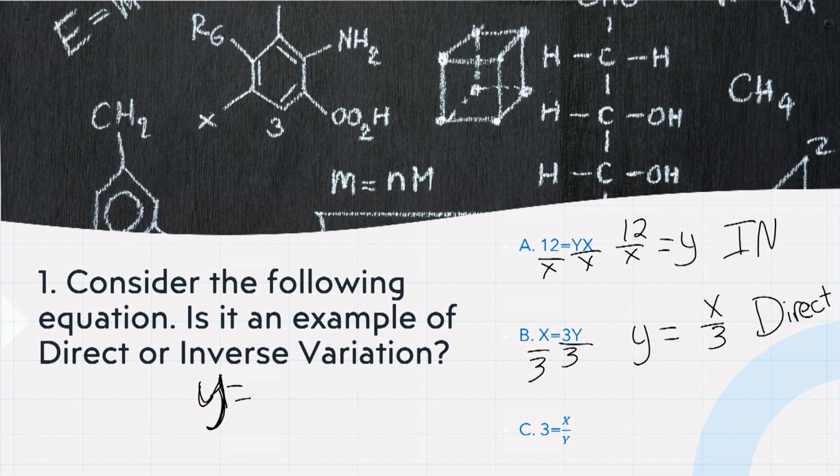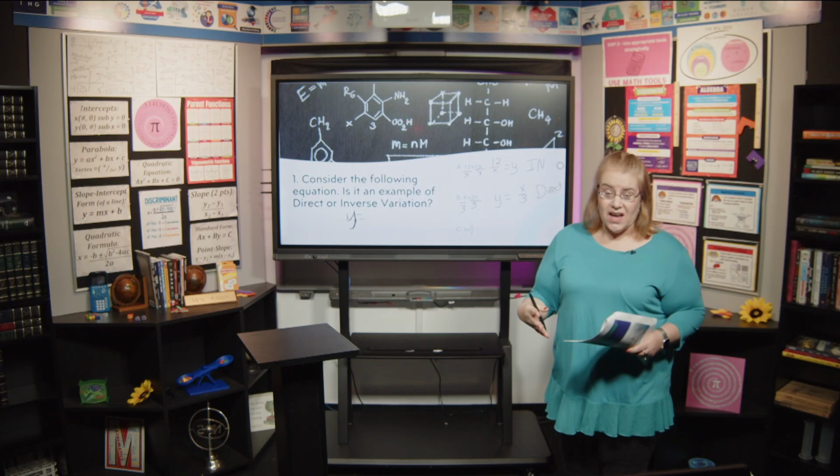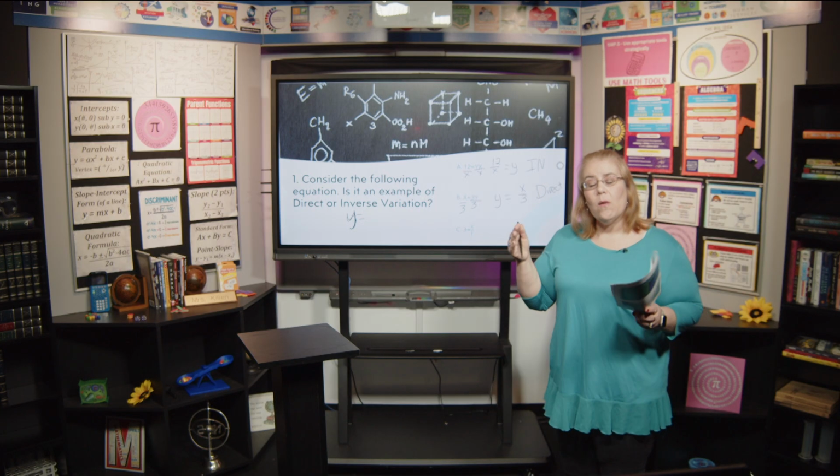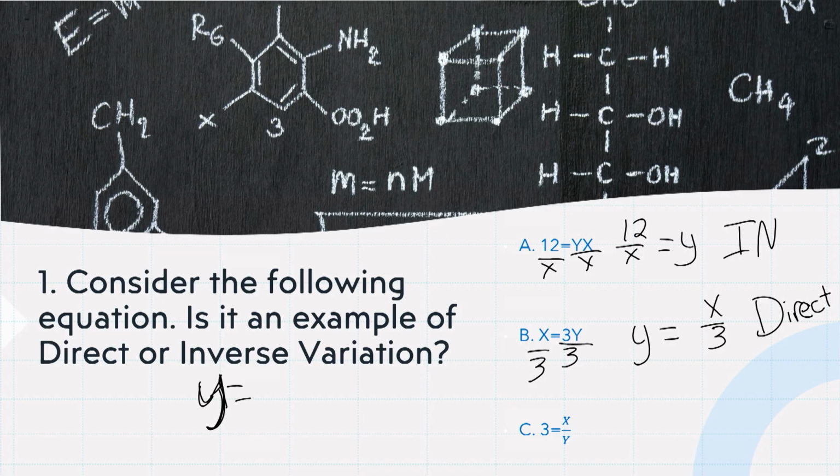All right, let's see. My y is on the bottom, so I'm dividing by my y. So for me to get my y out of the denominator, I'm going to have to multiply that y on both sides of my equation. So I'm multiplying y here, and I'm multiplying y here. So I've got 3y equals x.